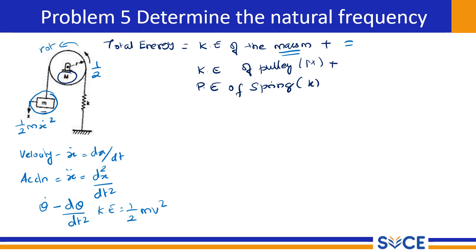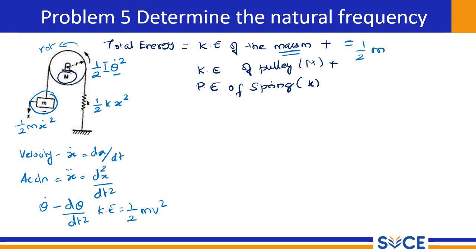Since it is rotational, we have to write it in the form of I, inertia, into angular velocity square instead of mv square. Okay, what is this? It is the potential energy of the spring. It is given as half k x square. So we can write all the things put together, that is half m.